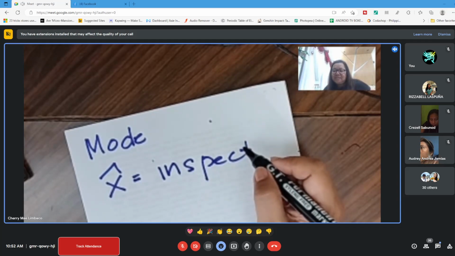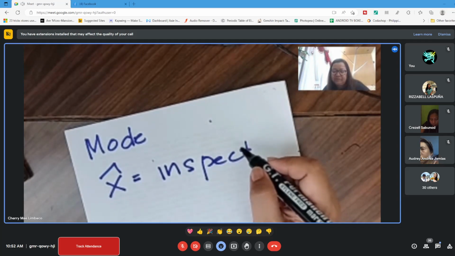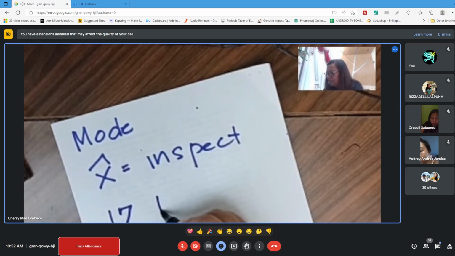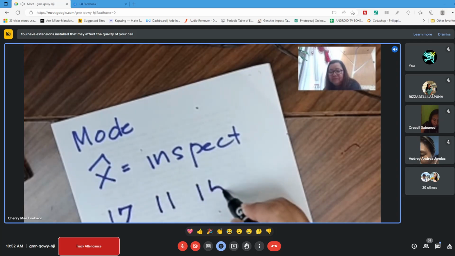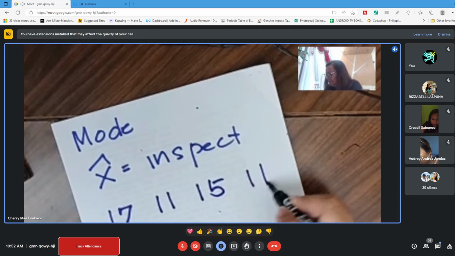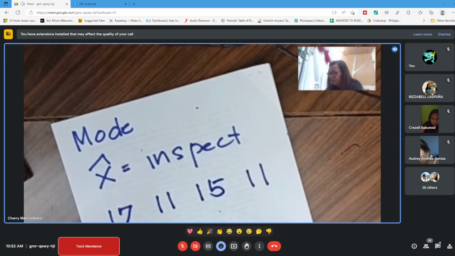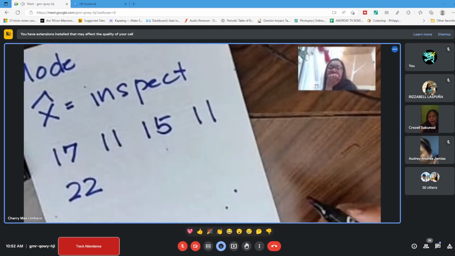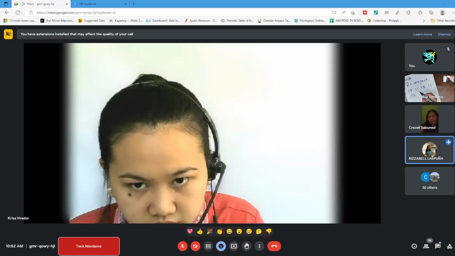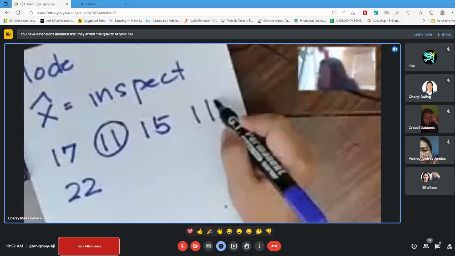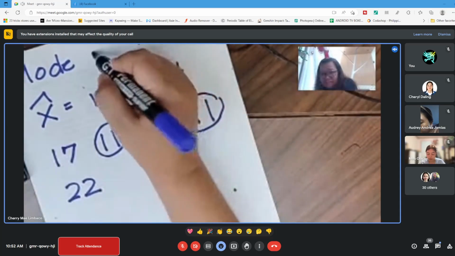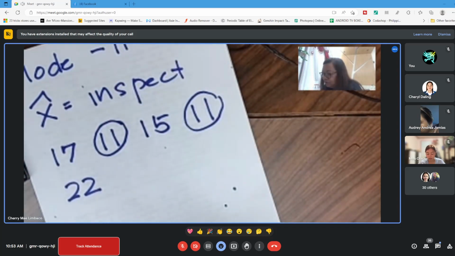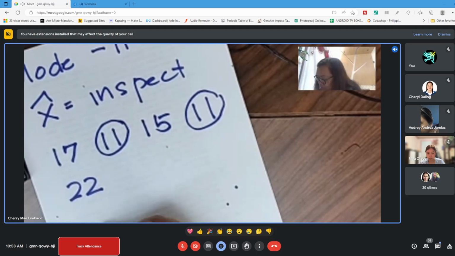Okay. In the example that we have, if I have here 17, 11, 15, 11, 22. Question, what is my frequently occurring score here? 11. So, my mode is 11. Now, there are three kinds of mode.